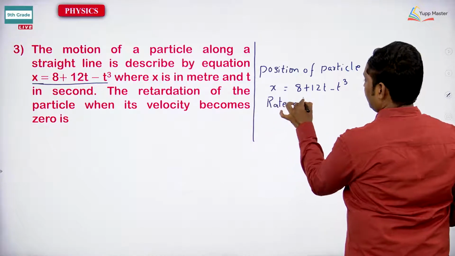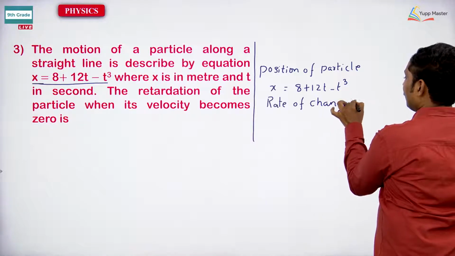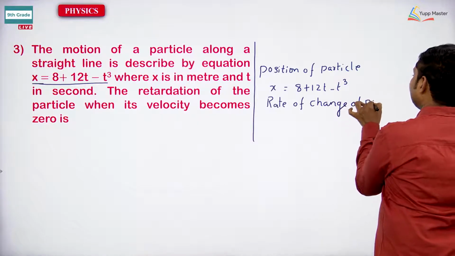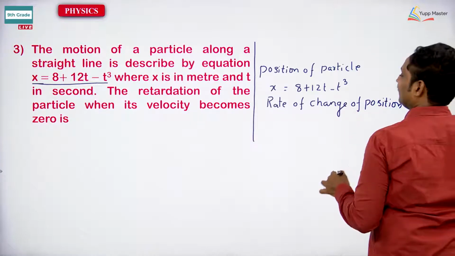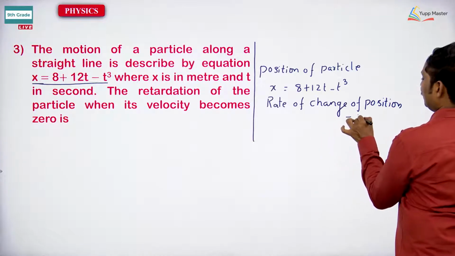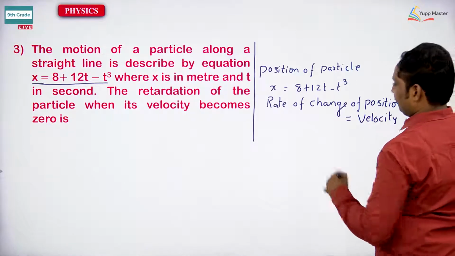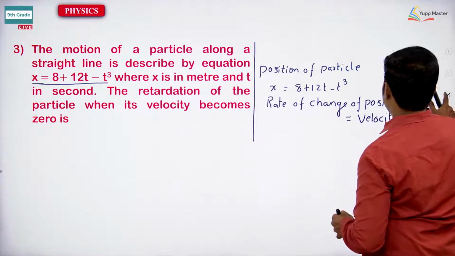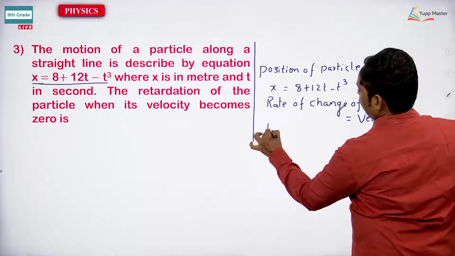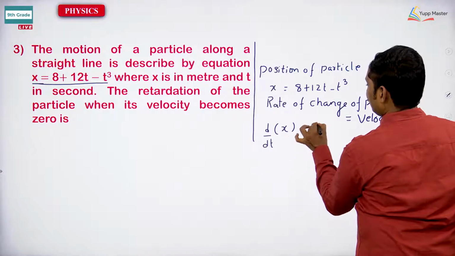We take the rate of change of position, that is d by dt of x is equal to v.